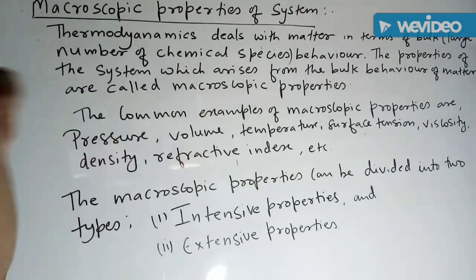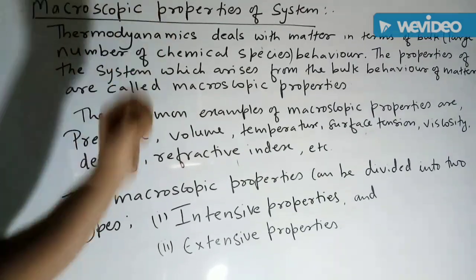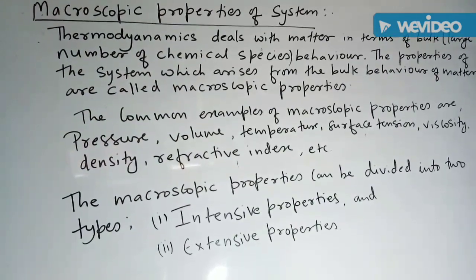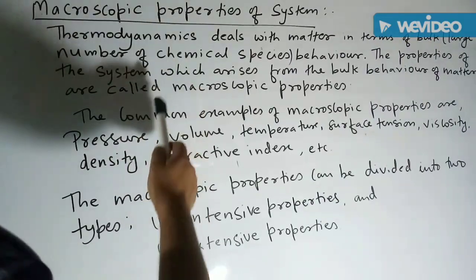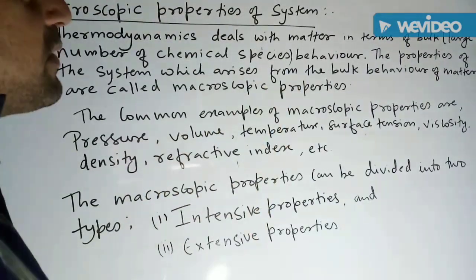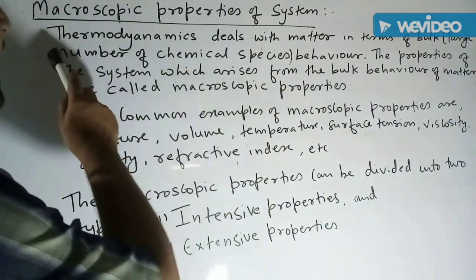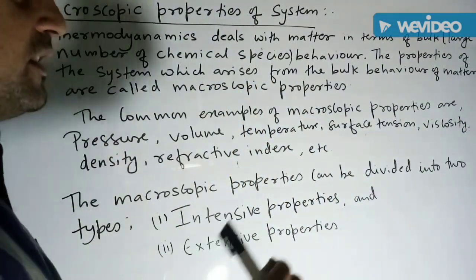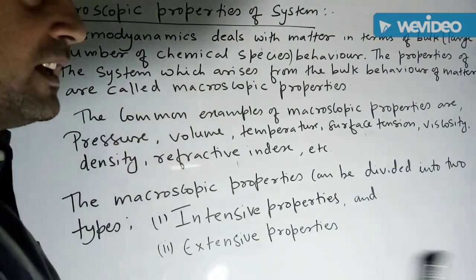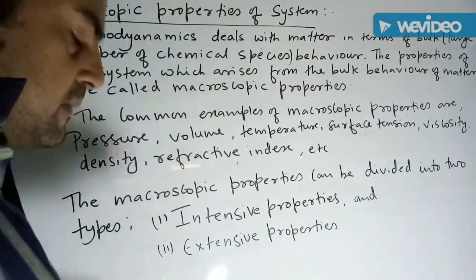Now, the macroscopic properties of a system. First of all, we need to know that thermodynamics deals with matter in terms of bulk or a large number of chemical species. It does not depend upon the behavior of a single molecule or single species.